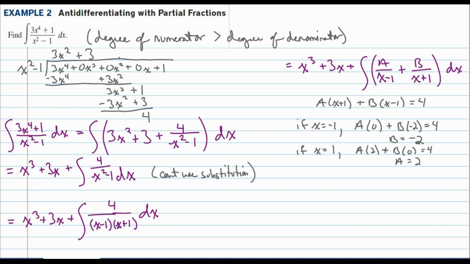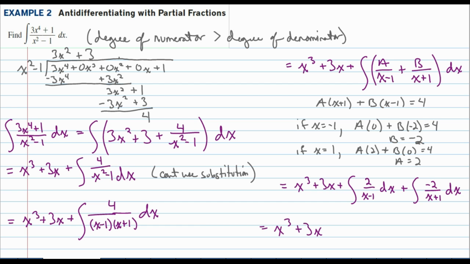Which means the antiderivative that I am trying to find can be rewritten as the antiderivative of 2 over x minus 1, the A value over x minus 1, dx, so I'm going to split up the integral here, plus another integral of negative 2 over x plus 1, or of course minus the antiderivative of 2 over x plus 1 dx. Now those antiderivatives I can take very easily.